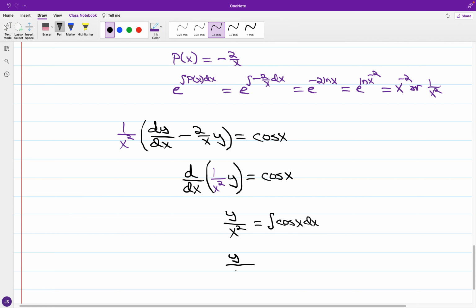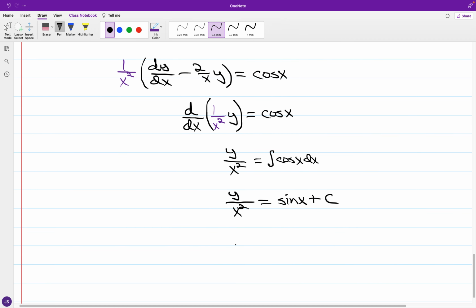And so we have y over x squared is equal to the sine of x followed by the constant, and isolating y, once we multiply by x squared, we have x squared times the sine of x plus cx squared, and again you could have left that in factored form as x squared times the quantity of the sine of x plus c.